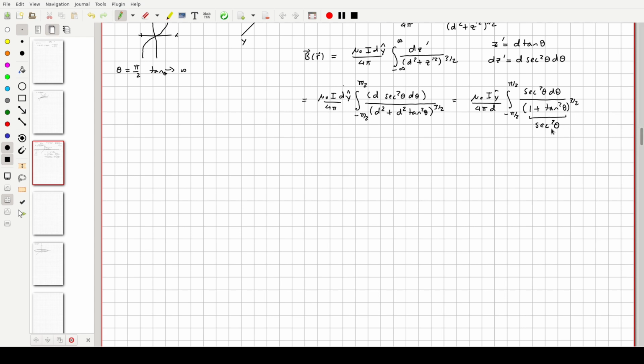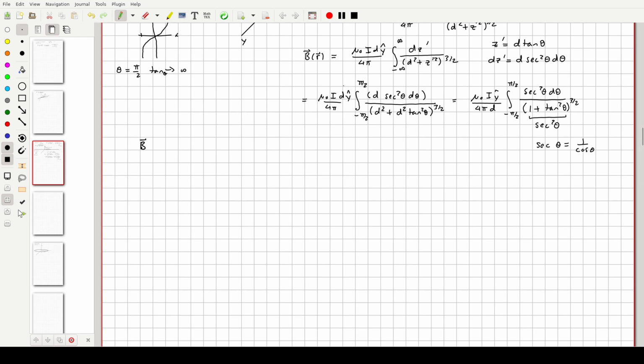When you take secant squared theta and raise it to the 3/2 power, that becomes secant cubed. Here you have secant squared on the top, so this is 1 over secant theta. But the thing is that secant theta is equal to 1 over cosine of theta. So this is actually just 1 over 1 over cosine of theta, which means that this is just cosine of theta.